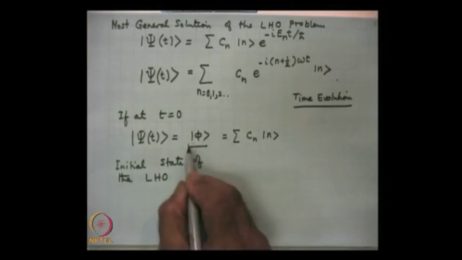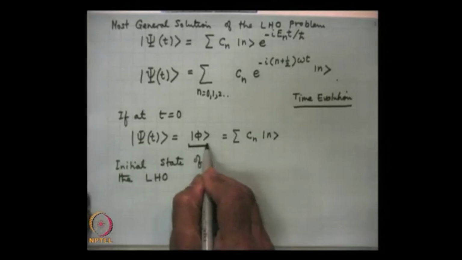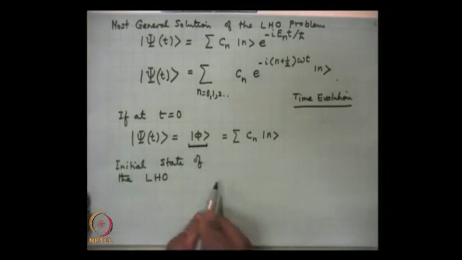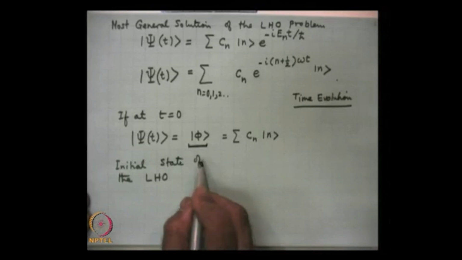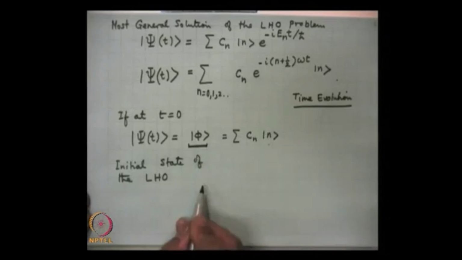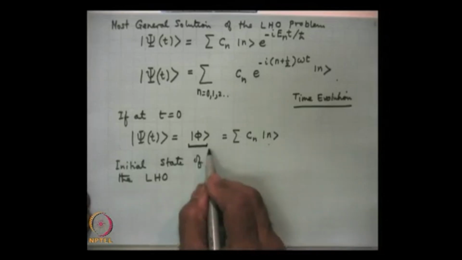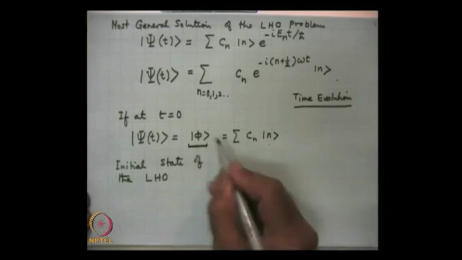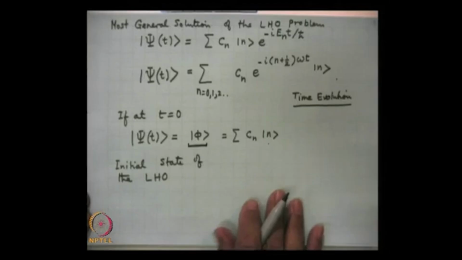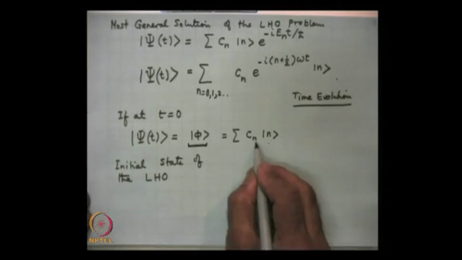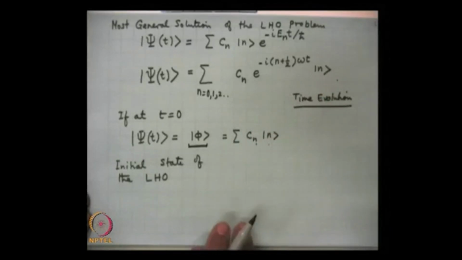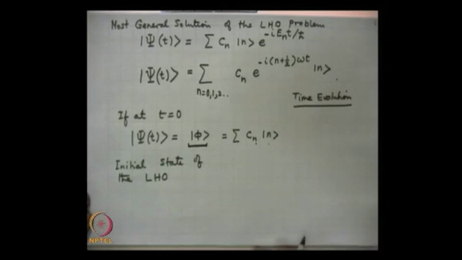Let us suppose the initial state is described by the ket phi. Then we should first expand it, and if I am asked how this state will evolve with time, the answer is simple. Each term I multiply by e to the power of minus i n plus half omega t, and that will be the time evolution of the state.